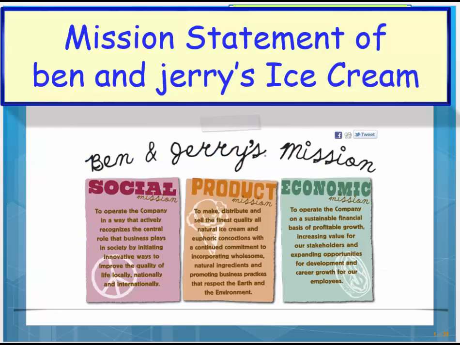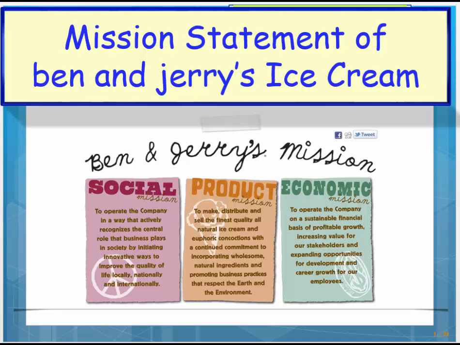So Ben & Jerry's ice cream, their mission statement, you can read it here, it's kind of long, but basically they're concerned about the social aspect, the product, and the economic mission. Broadly, they're interested in operating a company that recognizes the role of business in society without taking advantage of the people.